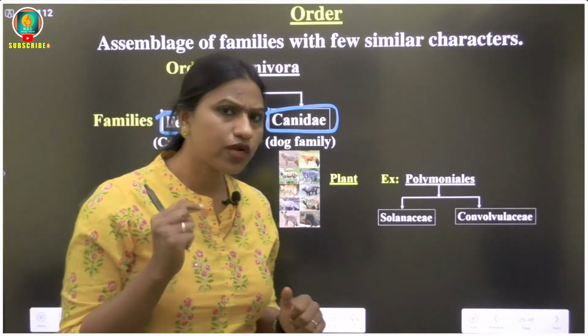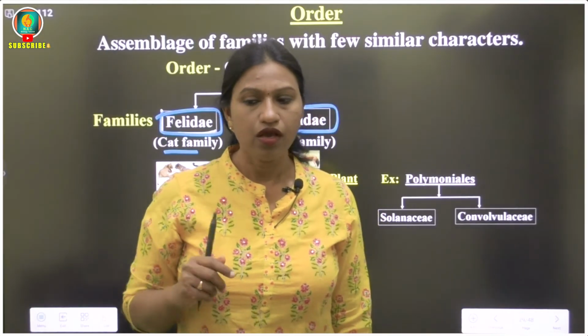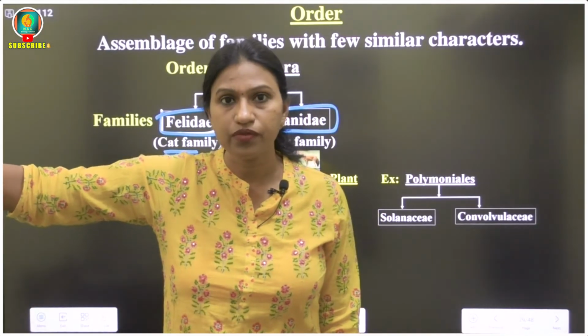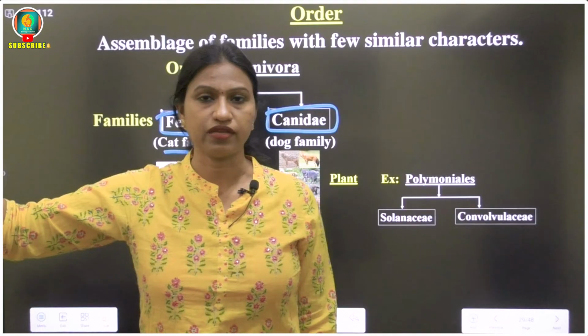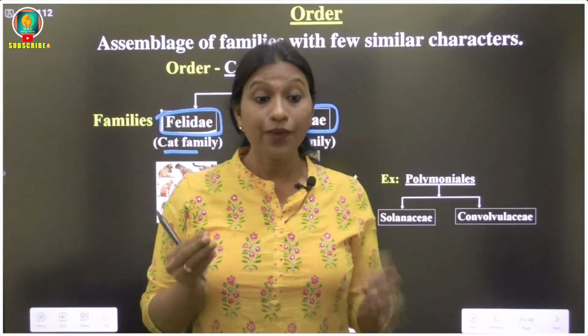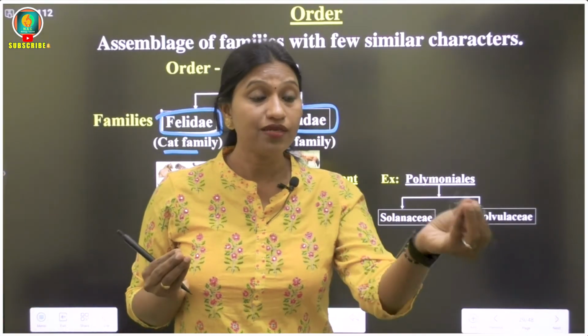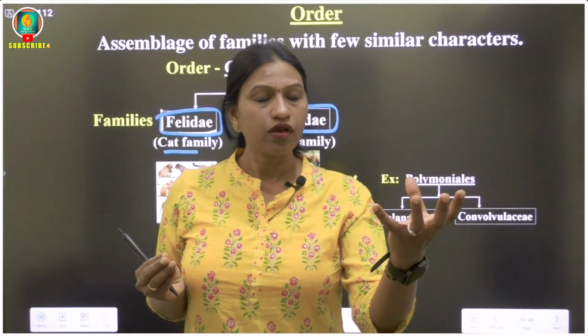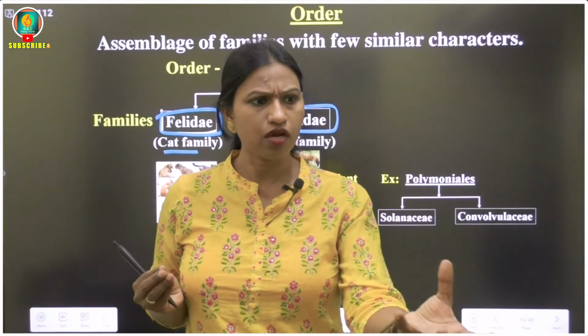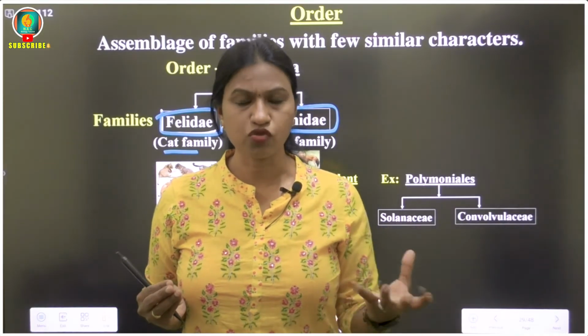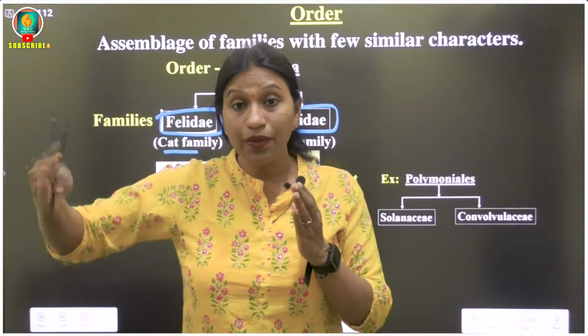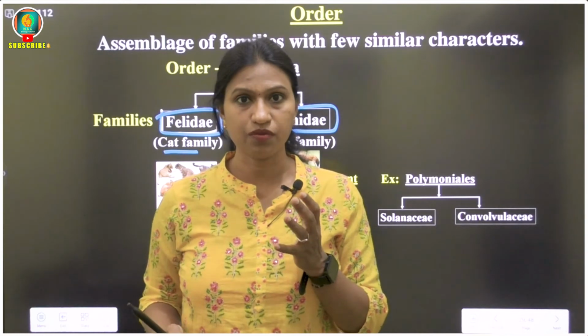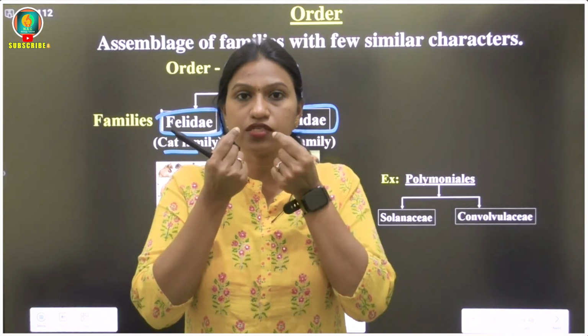But if you just look at their habitat, the majority live where? In the forest. Some are domestic also. But look at their eating habit. They depend on the flesh of other animals. Of course some dogs will eat vegetarian food also, but they depend on the flesh, the meat of other animals. Their canines will be somewhat sharper.